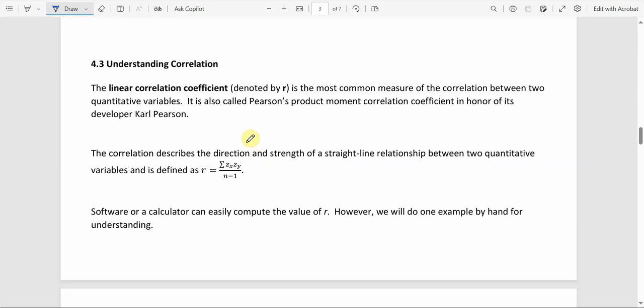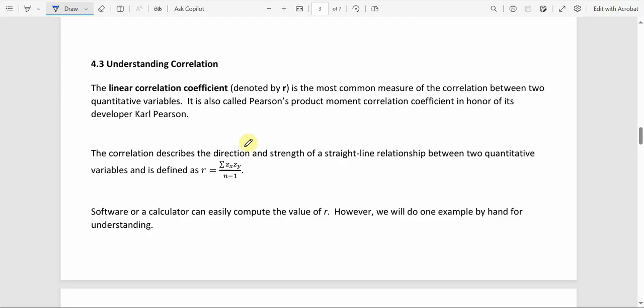So the direction part, you think, well, do I need the correlation for that? Because if I had the scatter plot in front of me, I can figure out if it's positive or negative. That part's not that difficult. That's true, but if maybe you didn't have the scatter plot in front of you, then that would be helpful, right? So that's where that comes into play.